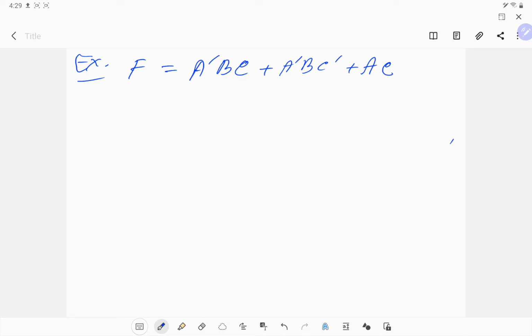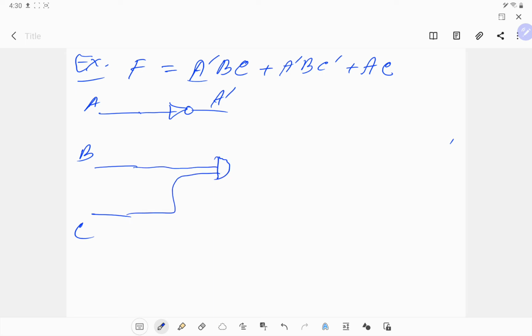So we actually have 3 inputs, A, B, and C. And we need A prime, so we need an inverter, and then we got A prime. Then we need BC, an AND gate.